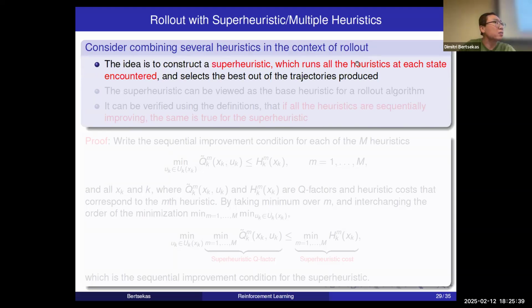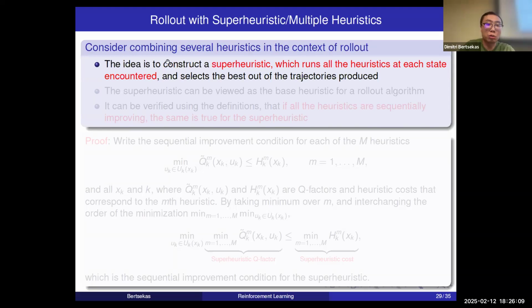In the second case, suppose that instead of a restrictive computational burden, we have plenty of computational time or resource available. But rather the problem is we don't really have a good heuristic that works for all states. Suppose we have a heuristic that works for some states, and we have another heuristic that works for some other states. How can we combine the strengths of those heuristics?